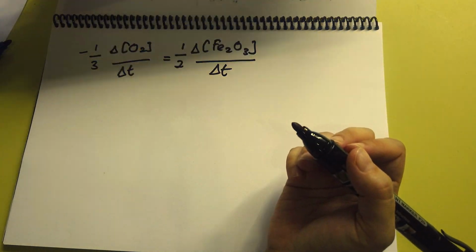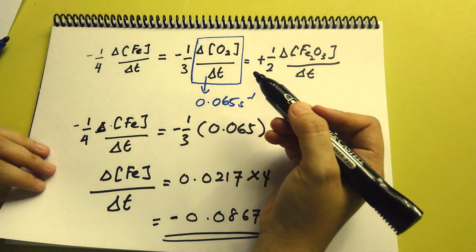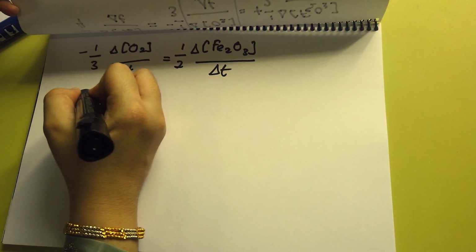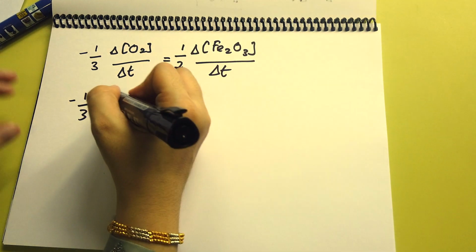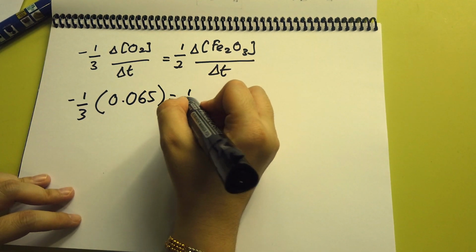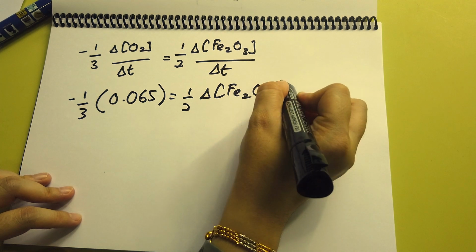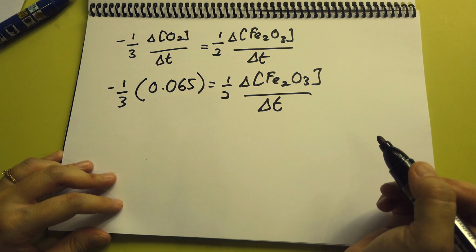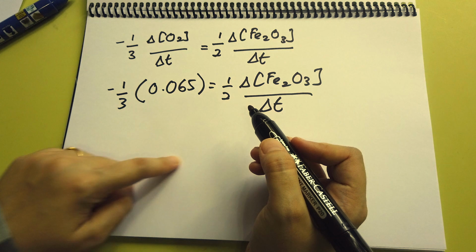Given to you is the value of oxygen, the disappearance of oxygen. So same goes, negative 1 over 3 times 0.065 is equivalent to 1 over 2 delta Fe2O3 over delta t. From here, this one you need to calculate, and then this one you bring up.